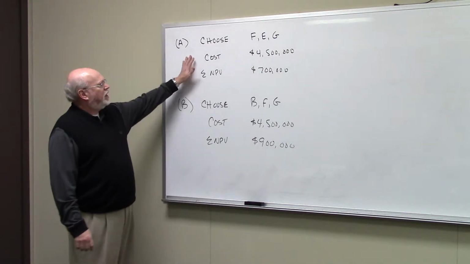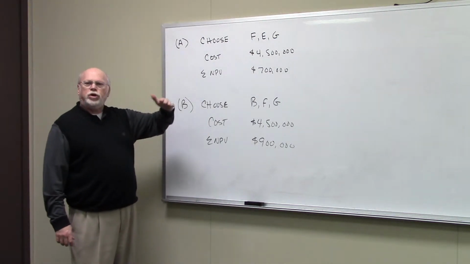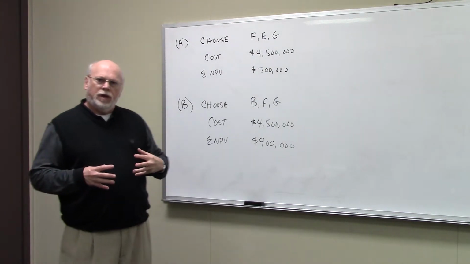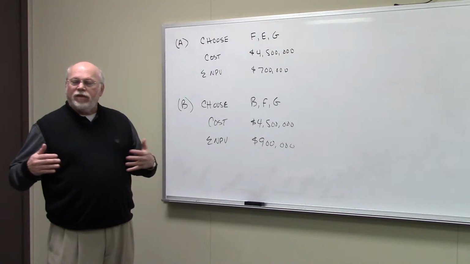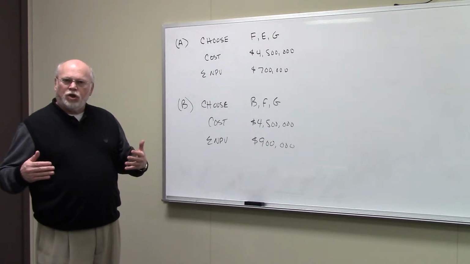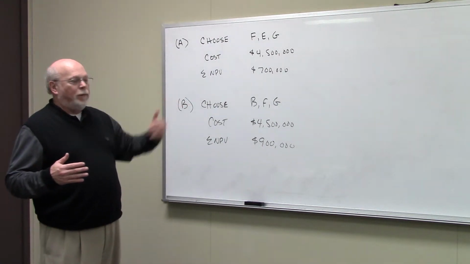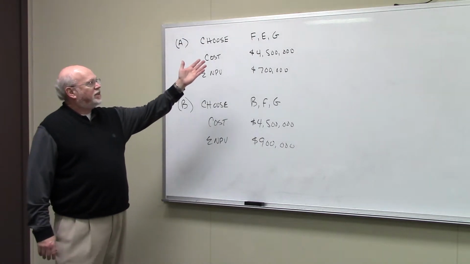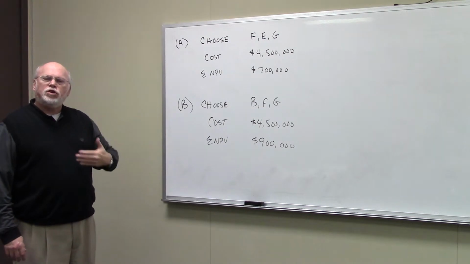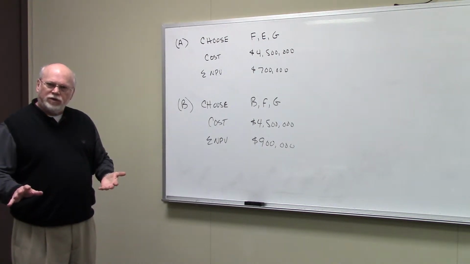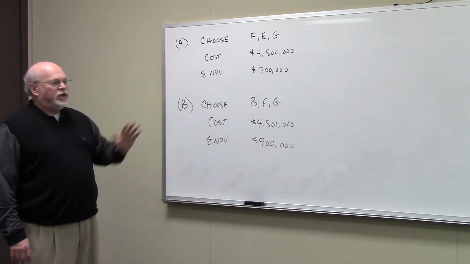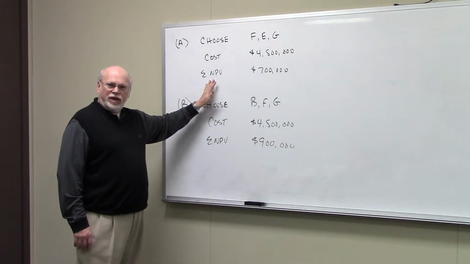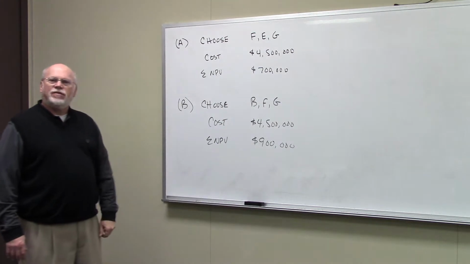If we use internal rate of return, we'd want to choose the projects that had the greatest rates of return, and we want to keep the cost of all of that to a maximum of $4,500,000. So if we choose projects F, E, and G, we will have chosen the projects with the greatest rates of return.